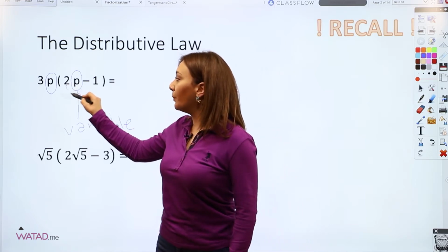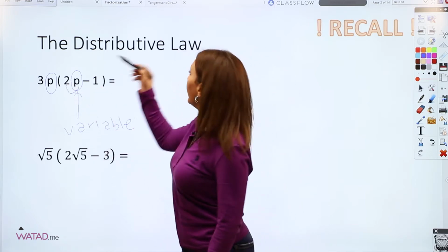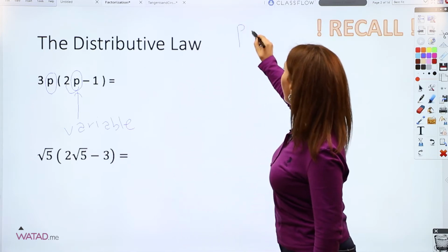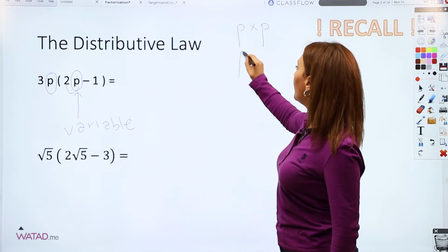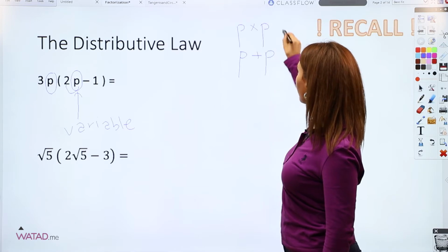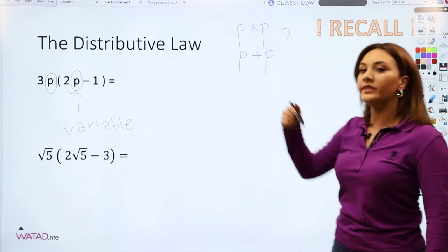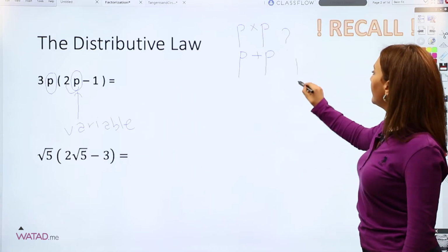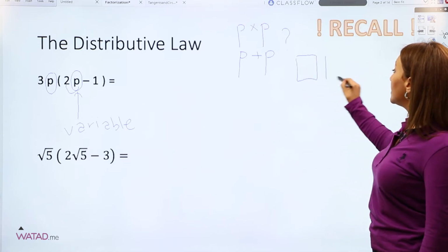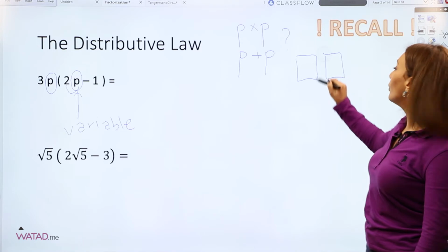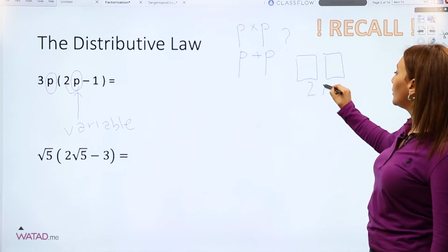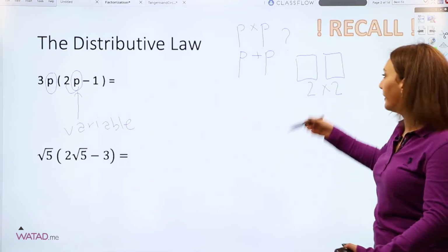What does 2p mean? Does it mean p times p or p plus p? What do you guys think? When I am counting, I say this is one box, this is two boxes. I don't multiply 2 by 2, I count them instead.